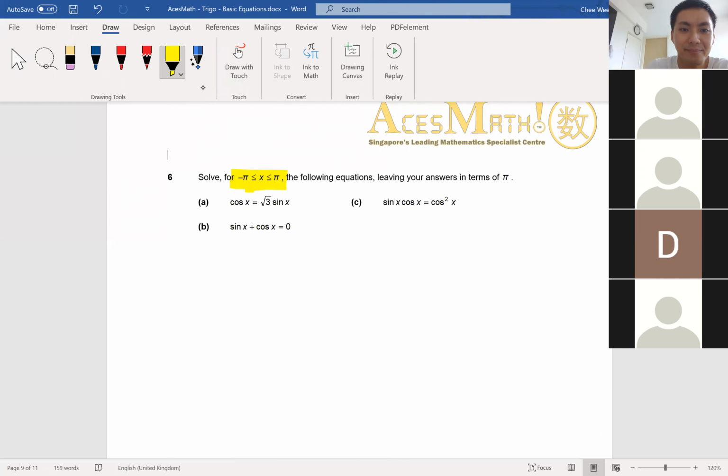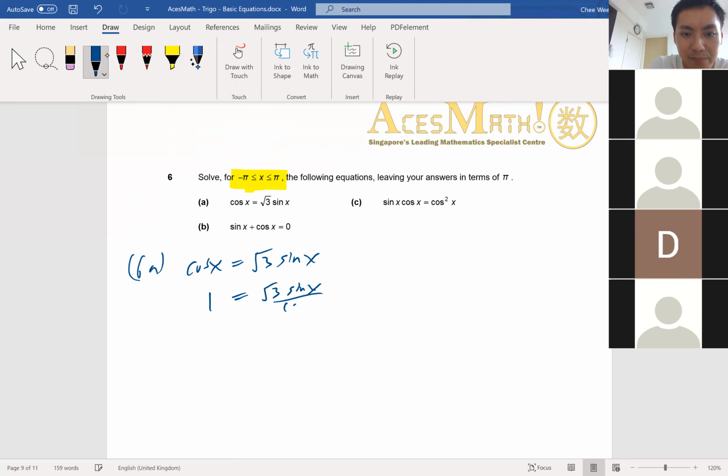All right. Okay, so 6A. As I mentioned, you should never have too many trig ratios lurking around in a single equation. So when you see this, you must straight away turn it into a singleton trig situation. And for sine and cosine lurking on each side, the trick is always to turn it into tangent. So I'll divide by cosine on both sides. So 1 is equal to square root 3 tangent x, which means that tangent x is equal to 1 over square root 3.